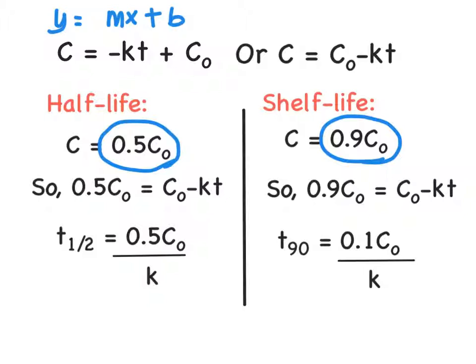And lastly, the plot of drug versus time is going to be linear, and that enables us to recall what our equation is going to be for that linear plot, and we can use that information to derive both the half-life and shelf life equations.